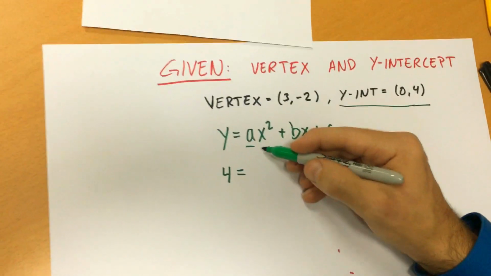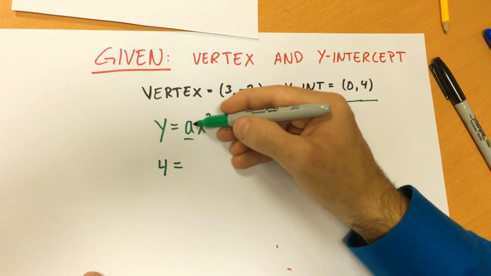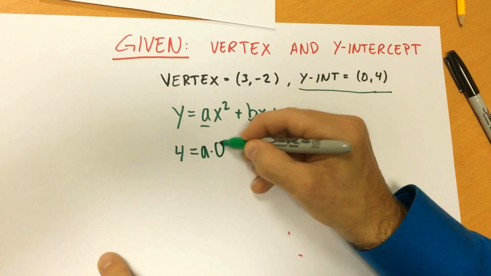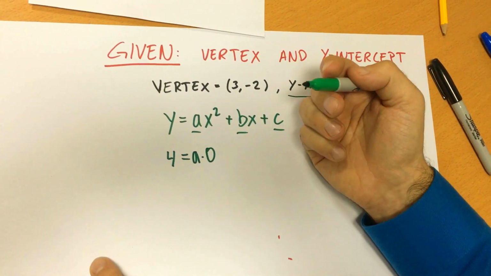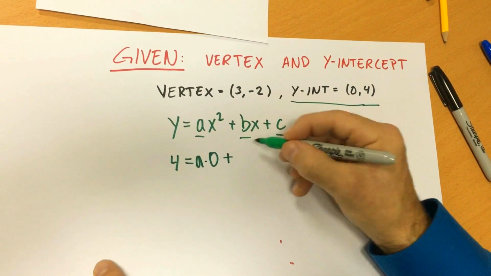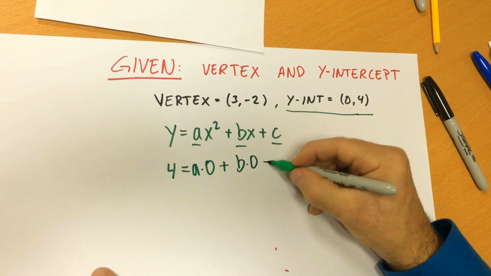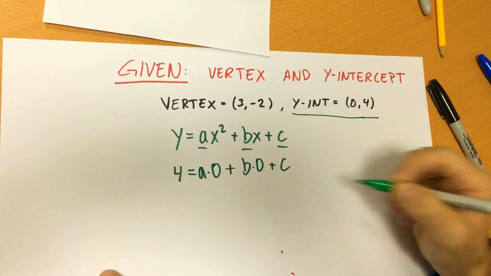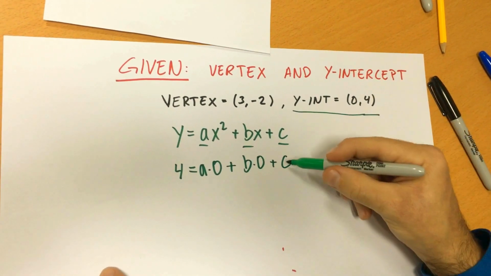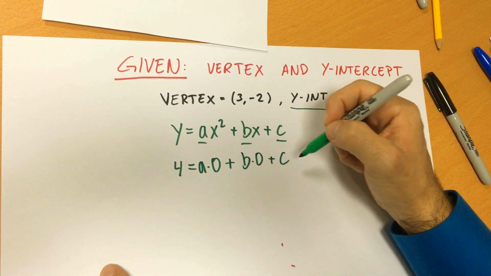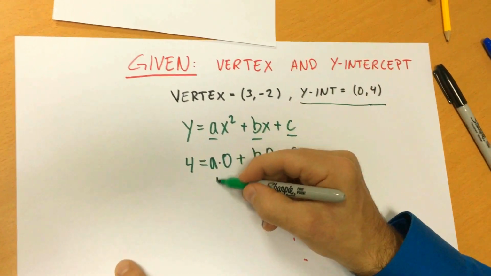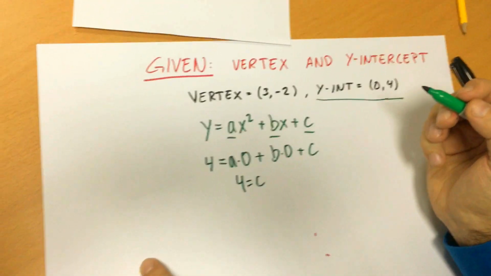So a times 0, that's just 0. a can be any number. If I multiply a by 0, I'm going to get 0. I don't care what a is equal to. It will fall away. The same thing with b times x. Well, b times 0 is just 0. However, the c stands alone without any x, so the c will not disappear. So I will have 4 equal to c in the end.